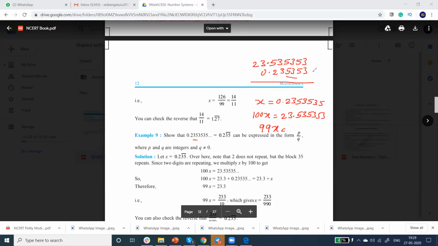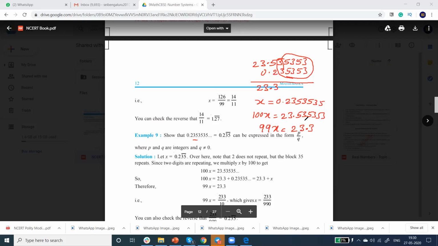Now these values will be cancelled, up to here also will be cancelled. Now 23 minus 0 is 23, and 5 minus 2 is 3, so 23.3 will come. So 99x is equal to 23.3.